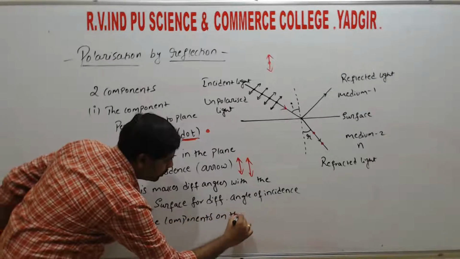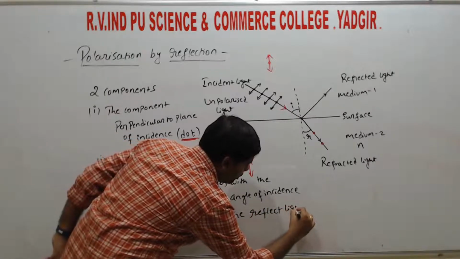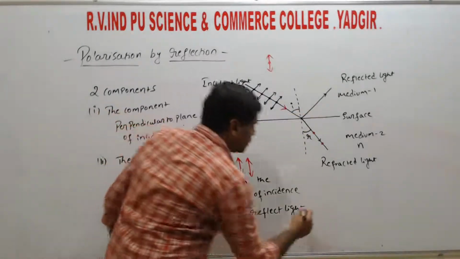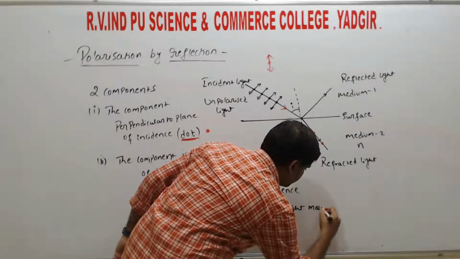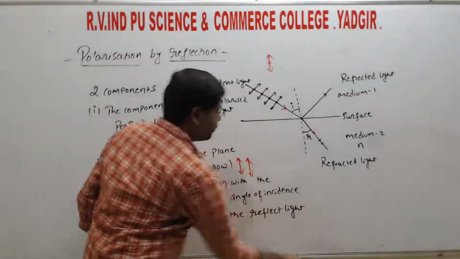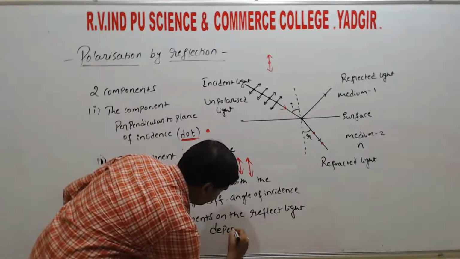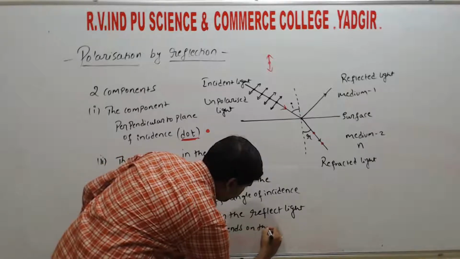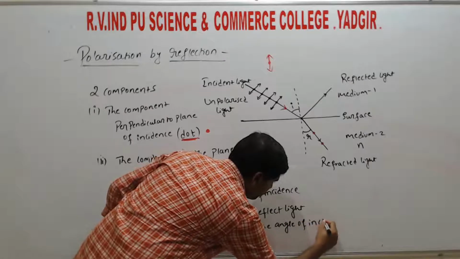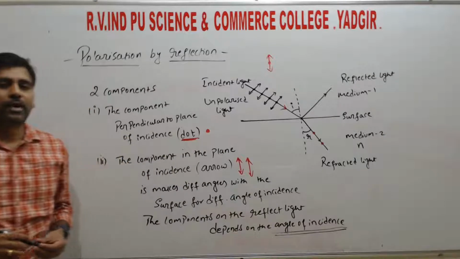Hence the components in the reflected light depend on the angle of incidence. So this one is important, right?